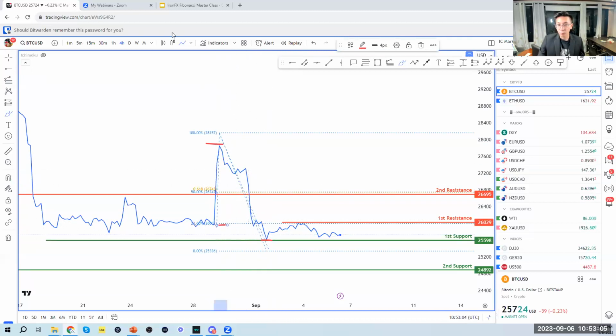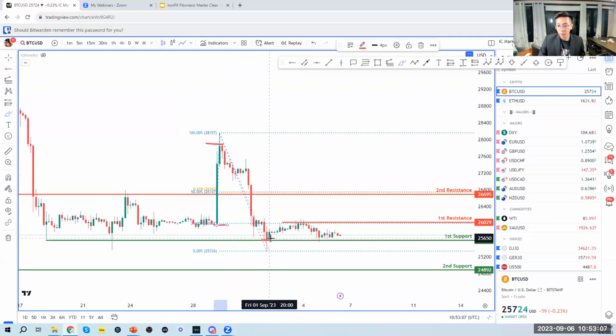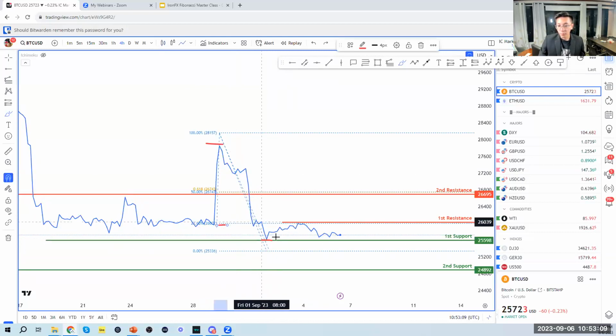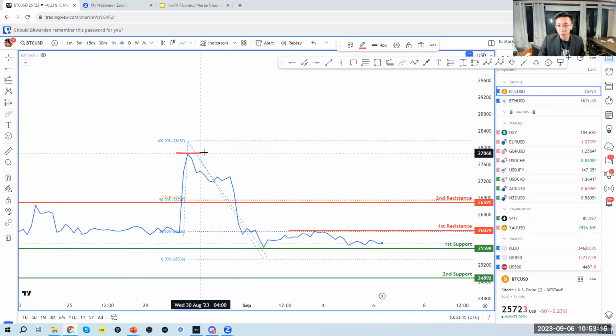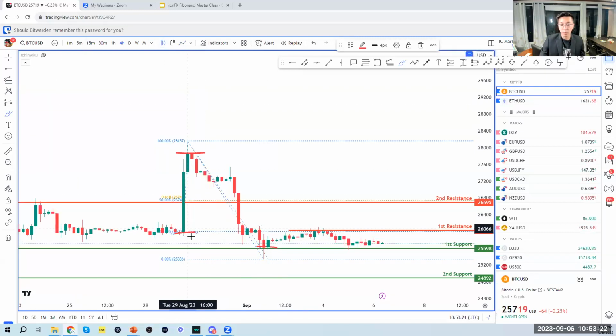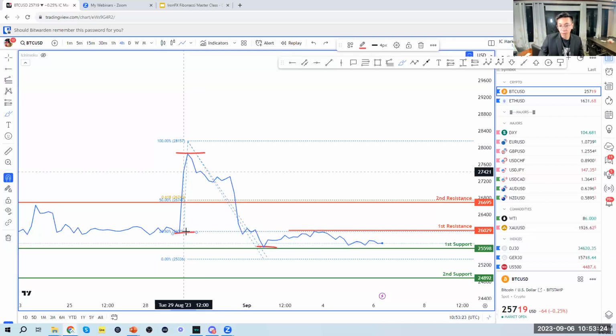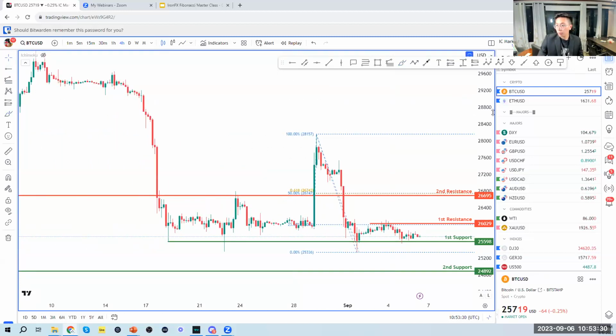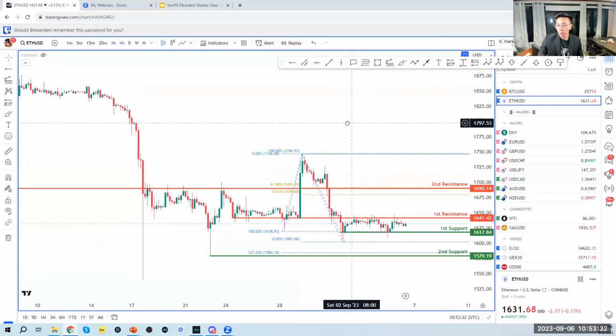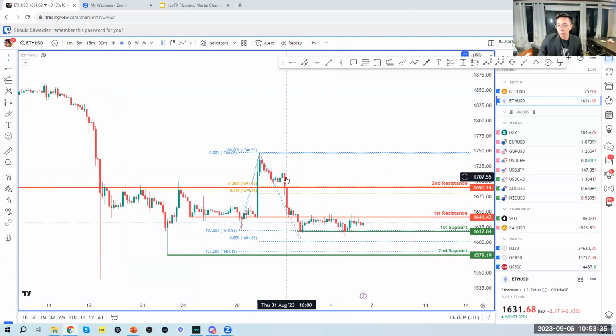You can see very nicely. If I use the freehand tool and draw right here, right here, and right here, it will line up very nicely with the body of the candle. So this is something that you guys maybe could use. Let's see what else I can share with you guys.